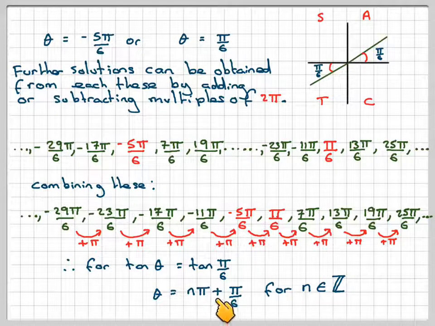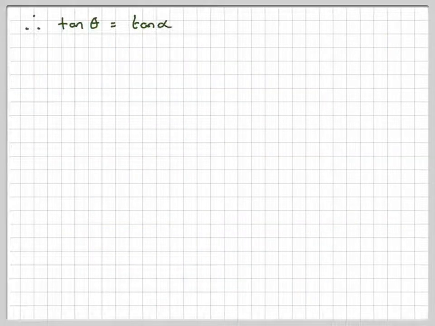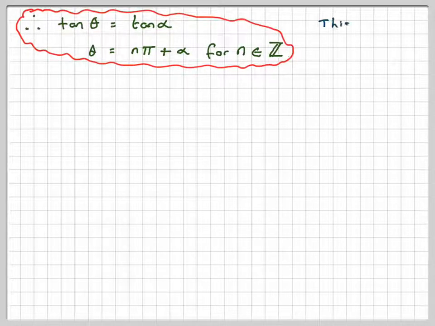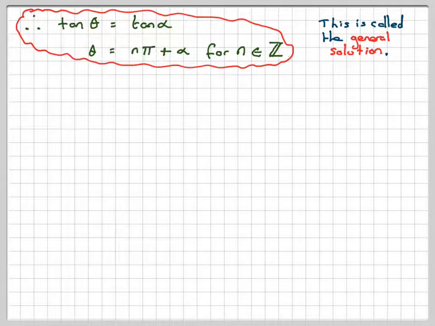So this formula here will generate all these solutions. This is called the general solution for this particular equation. So if we take it just to tan theta = tan alpha, then theta will be n pi plus alpha, for n belonging to the integers.